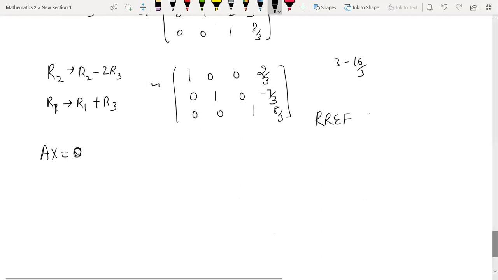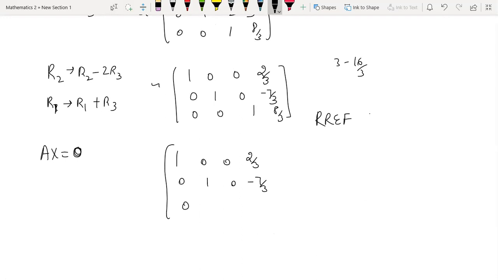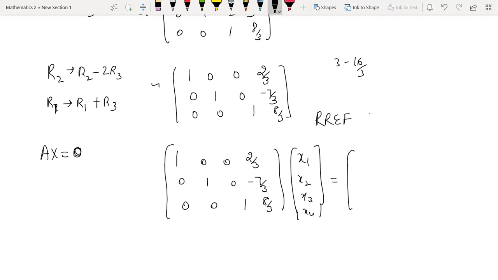Now, instead of A, you will write this matrix: 1, 0, 0, 2 by 3, 0, 1, 0, minus 7 by 3, 0, 0, 1, 8 by 3, times x. You have four variables here, because the matrix size is 3 cross 4, so it has to be 4 variables. And this side you have 0, 0, 0.